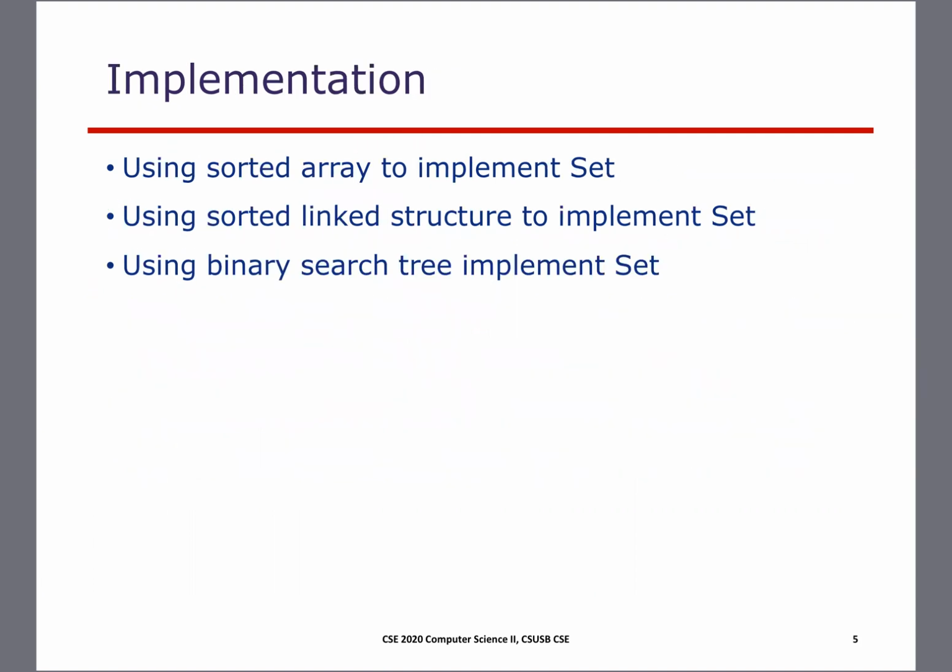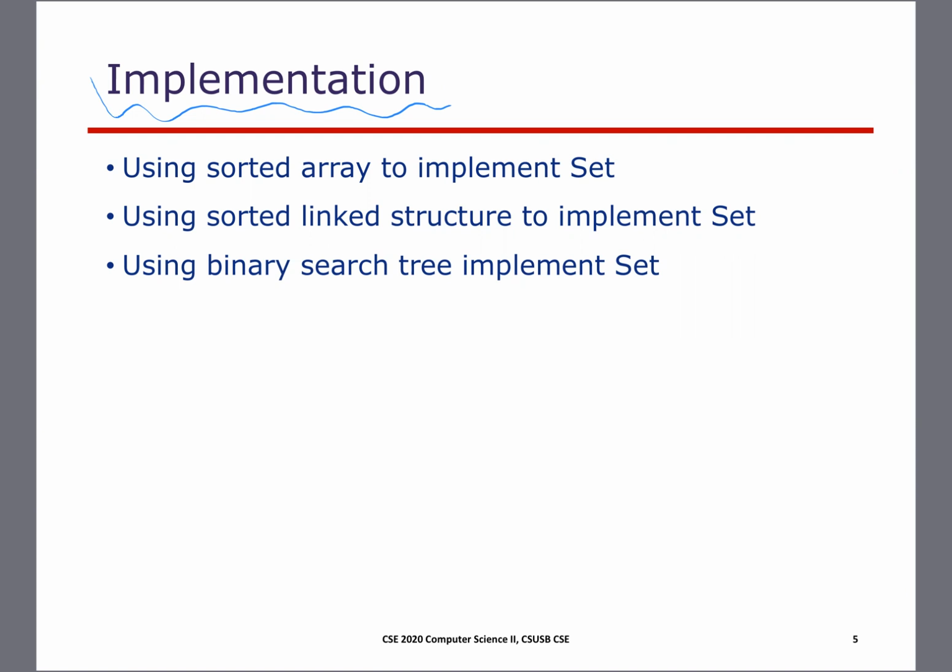Okay. Now here we define the set as a collection of sorted unique elements. And we also define the operations of set. And now we will see how we can implement the set abstract data type. So we need to store a collection of elements.